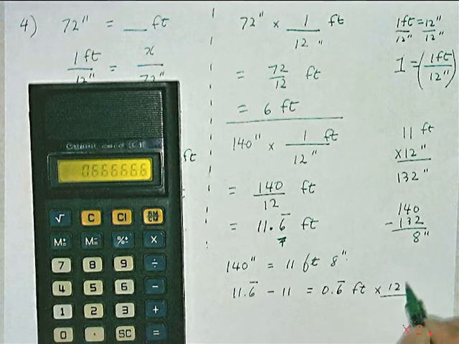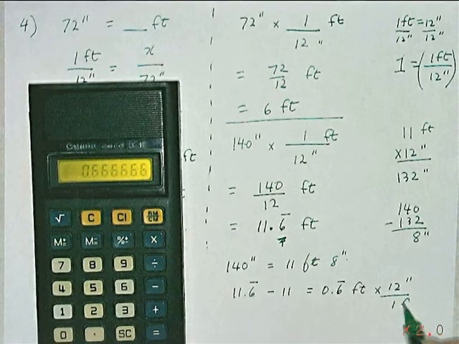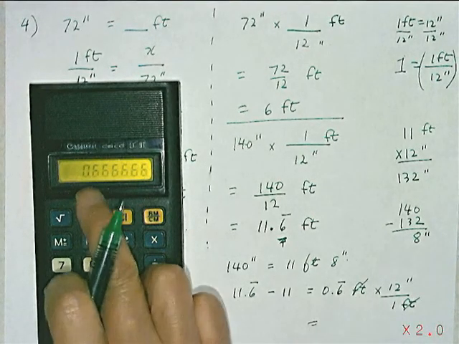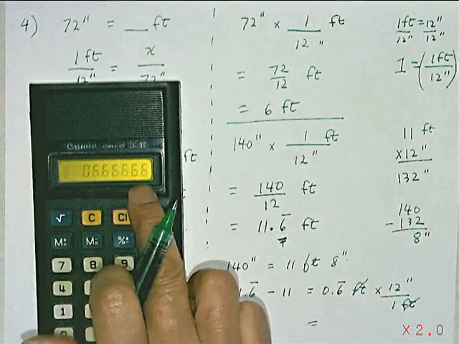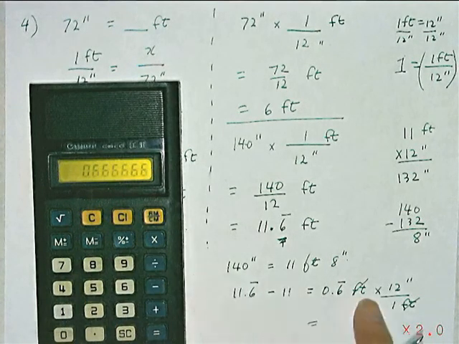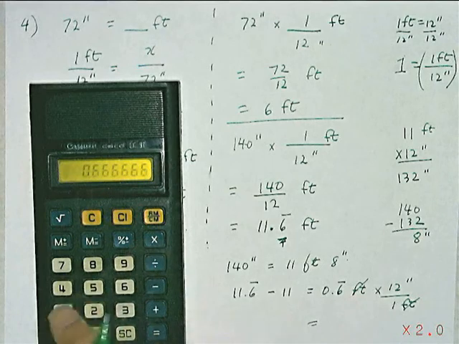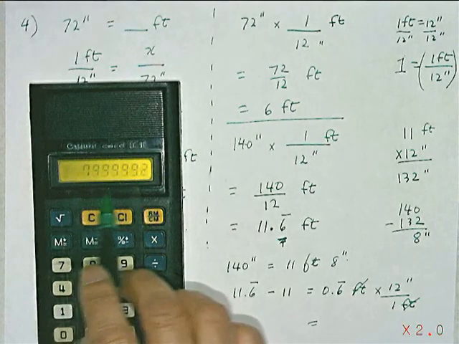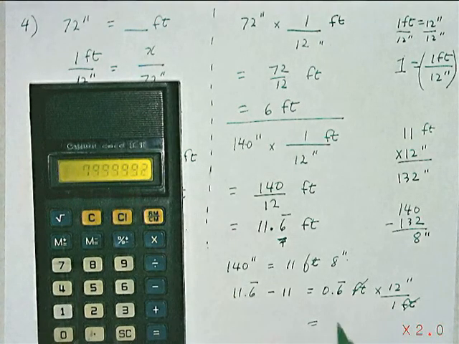There are 12 inches in 1 foot. My feet cancel, and so I multiply this number that's still on my calculator. I'm not going to round off. I'm just going to multiply it by 12. Times 12 equals, and there's 7.9999 inches. There's round off errors in my calculator. This is going to be 8 inches.